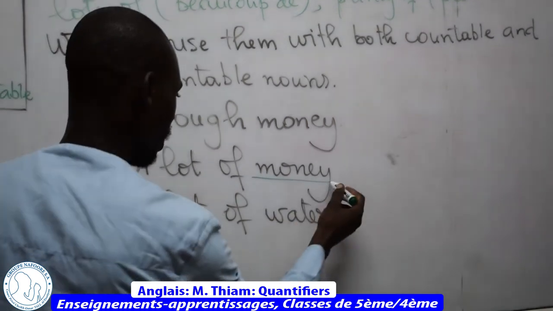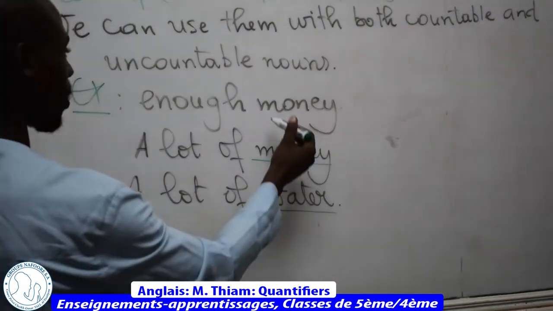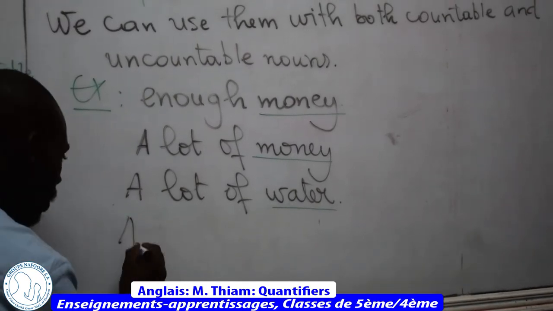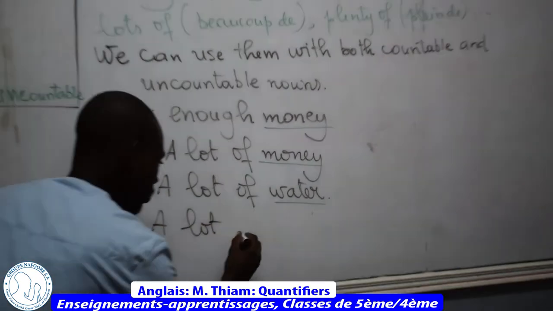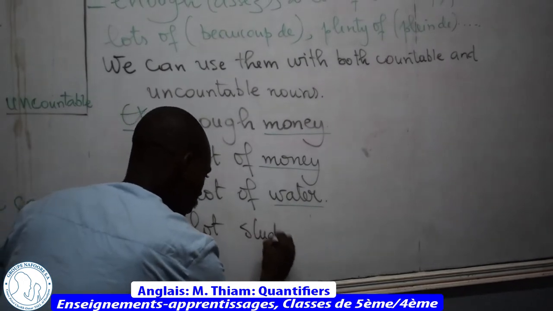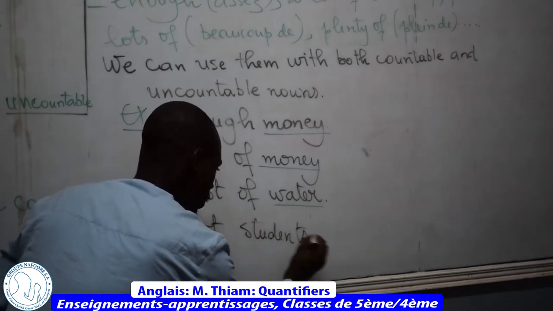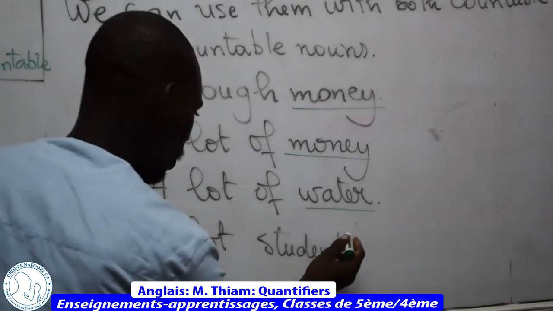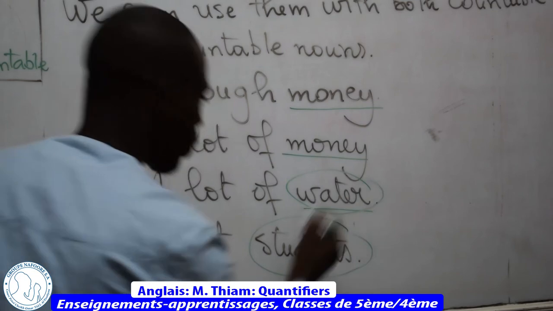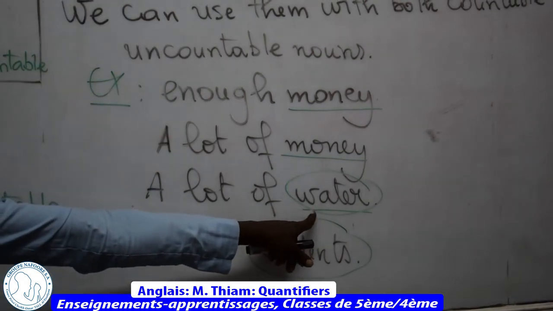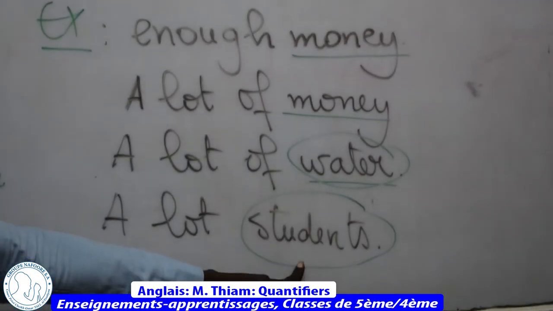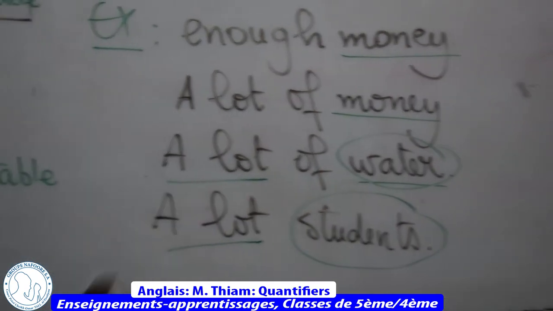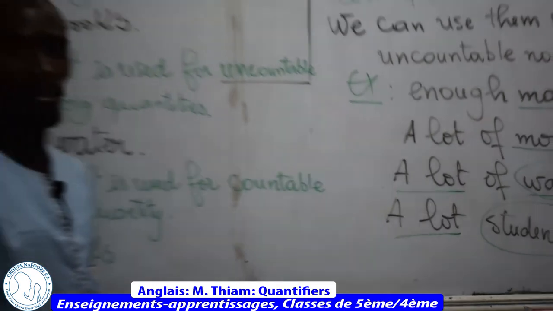Money, uncountable, water, uncountable, right? But also we can say, for example, a lot of students. Look at these two examples. Water is uncountable, but students is countable. And we can use a lot of with them.